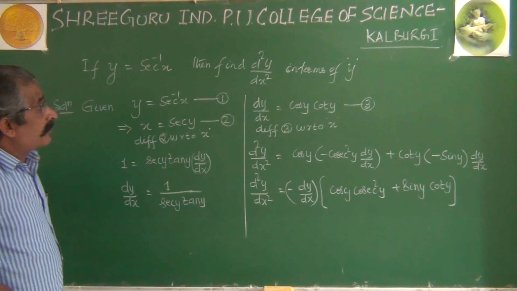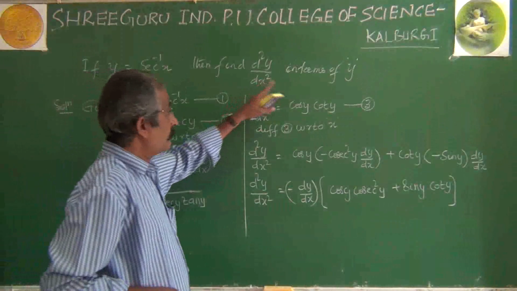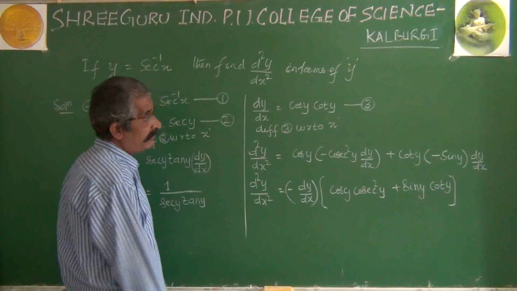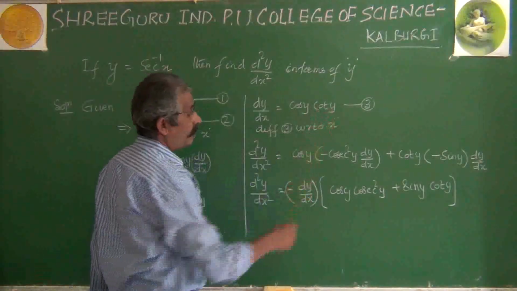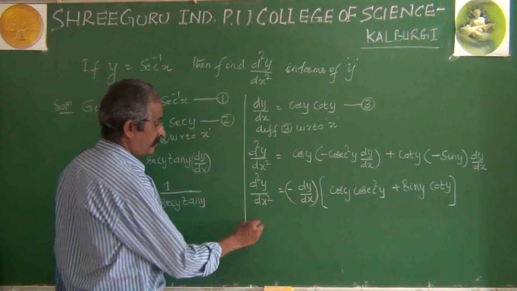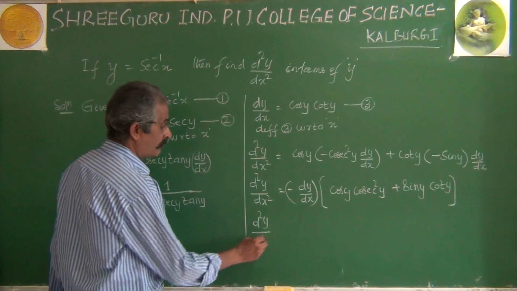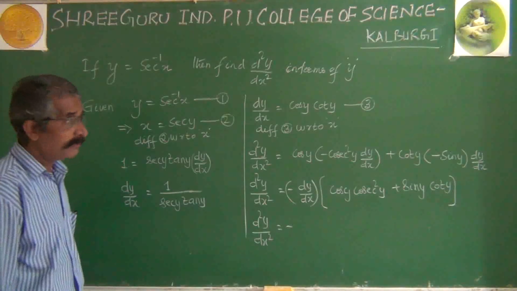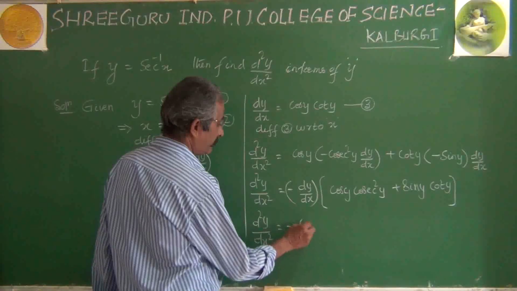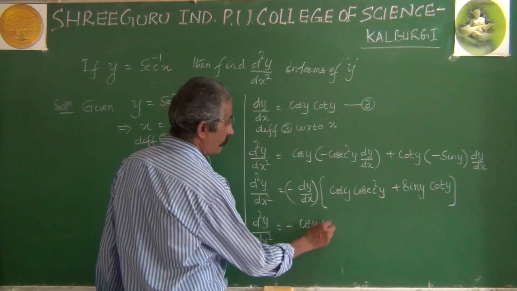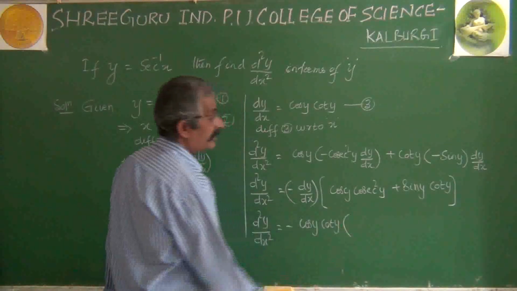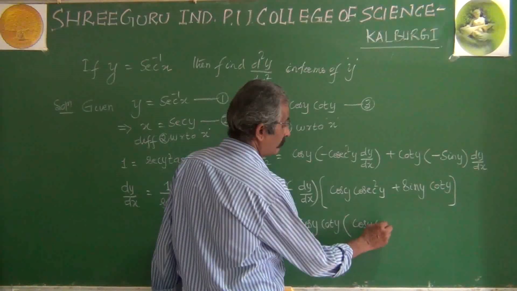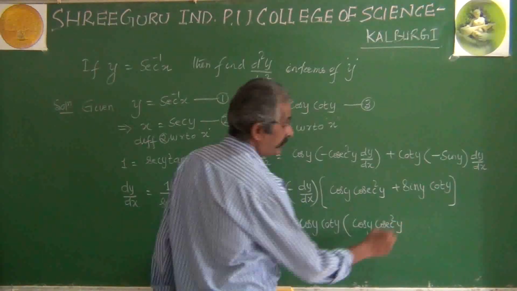But our problem is to write d2y by dx2 only in terms of y. So let's use the value of dy by dx, which is cos y into cot y. Now d2y by dx2 equals minus of cos y into cot y, in the bracket cos y cosec square y plus sin y into cot y.